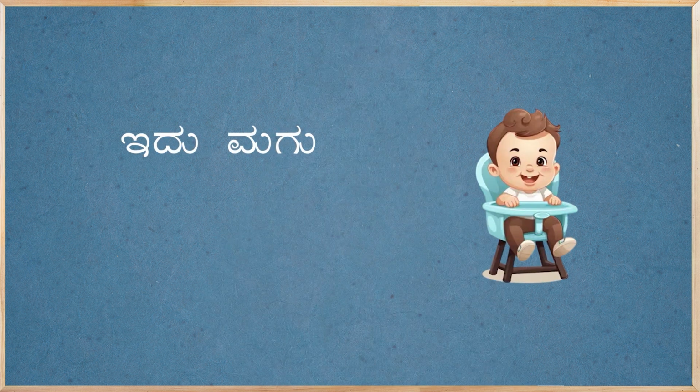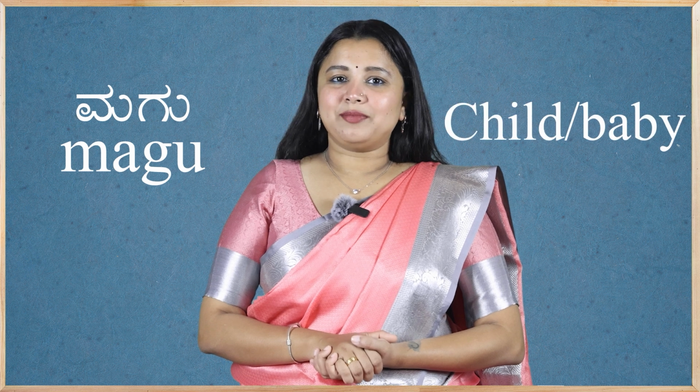Here, idu is used because the book is close to the speaker, perhaps in their hand or within reach. Idu magu. This is a child. Notice that magu, meaning child, is an exception. Even though magu refers to a living being, we still use idu because it is the form used to describe non-human entities in this specific case.